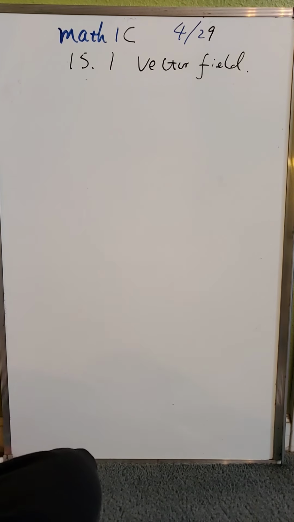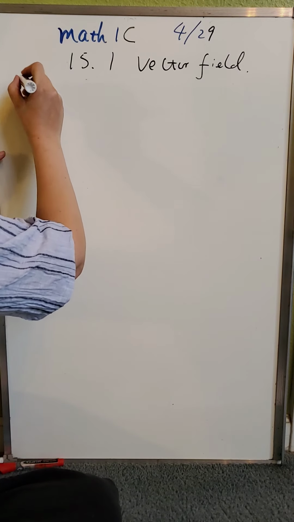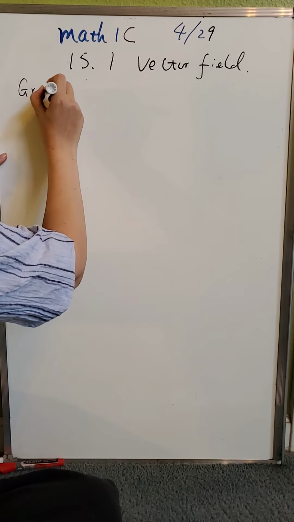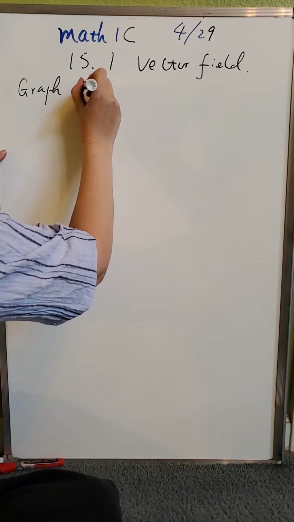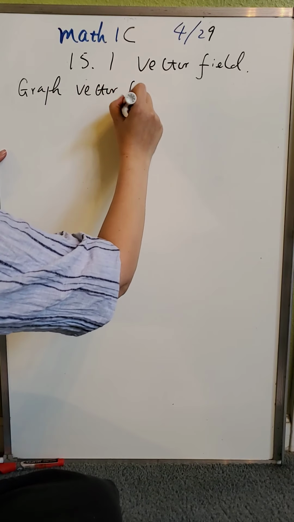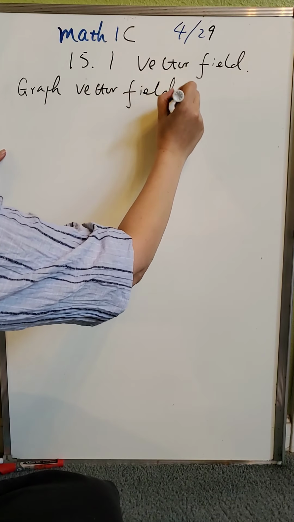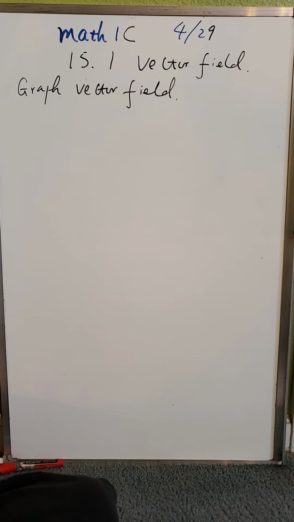So we learn how to graph a vector field. It's very tough to graph all of them, so I will just graph a couple of them, okay? And here's the example, number 6.